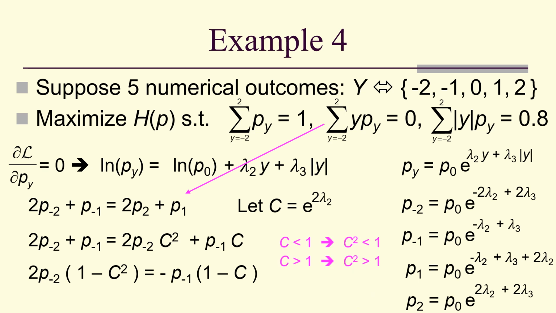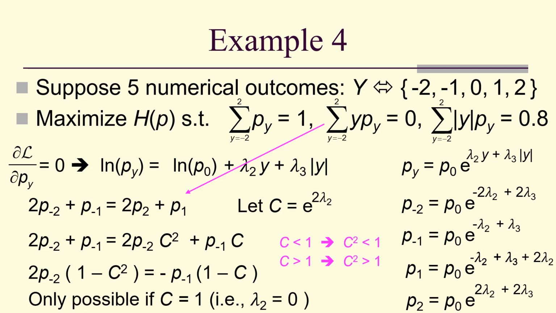And notice if c is less than 1, then c squared is less than 1. And if c is greater than 1, c squared is greater than 1. And therefore, this could only be possible if c is equal to 1. In other words, lambda 2 is equal to 0. That's the only solution, c equals 1, to this equation.